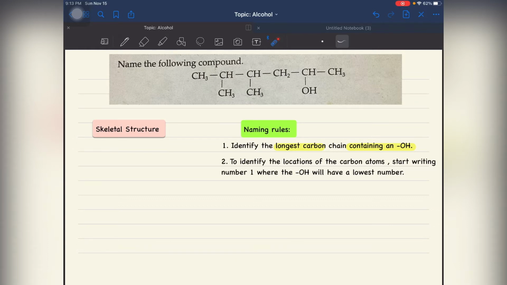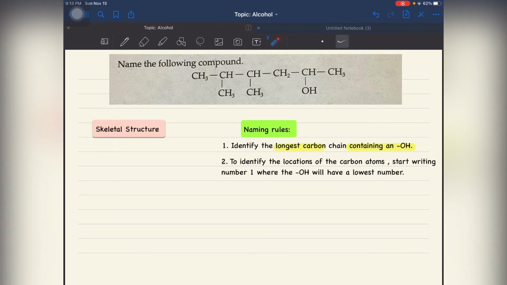So, what if dito tayo magsa-start? Kasi, kagaya nga ng sabi ko, let's try all possible ways. So, we have here 1, 2, 3, 4, 5, 6. So, it's just the same kagaya ng sa kanina. So, eto na lang yung kukunin natin para madali. So, yung next natin dito na rules is we need to identify the location of carbon atoms.